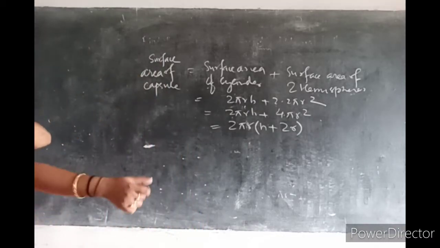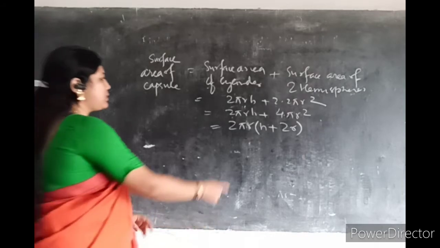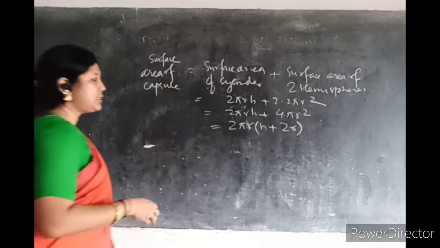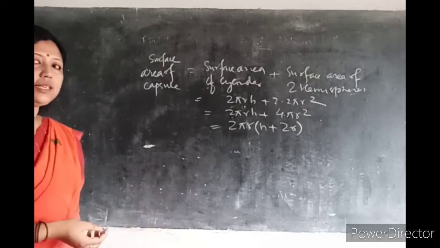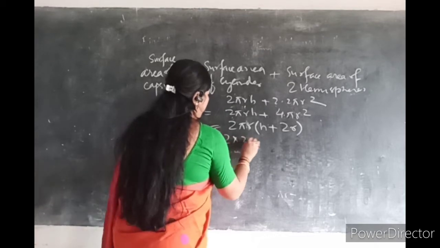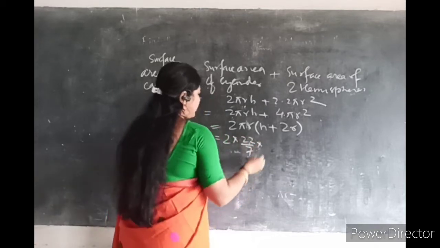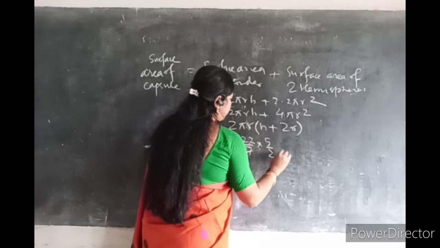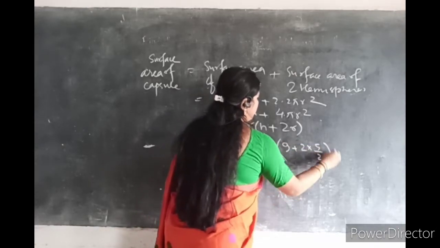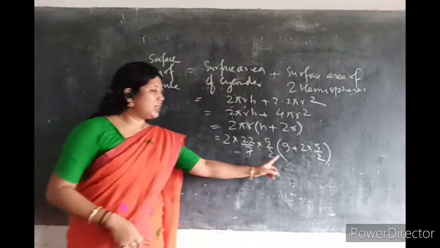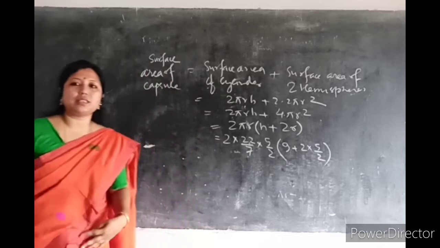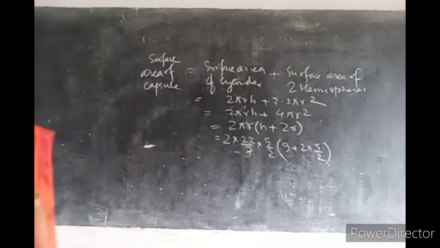So here what I have done is 2 pi rh plus 4 pi r square. I have taken 2 pi r common, since the radius is common to both the cylinder as well as your hemisphere. So here 2 into 22 by 7, your radius is 5 by 2, height is 9 plus 2 into 5 by 2. Why have I taken this? Because this 2 can be easily cancelled with this, so that's why I am taking the fraction part, not the decimal.